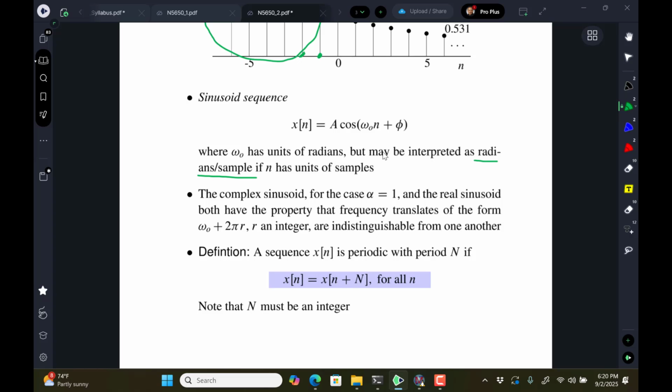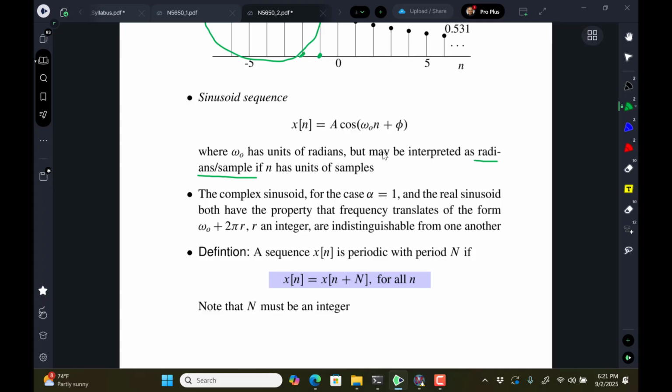But it's just more convenient to think of it that way, because then radians per sample times the index n gives you omega naught n in radians. So the samples cancel out.